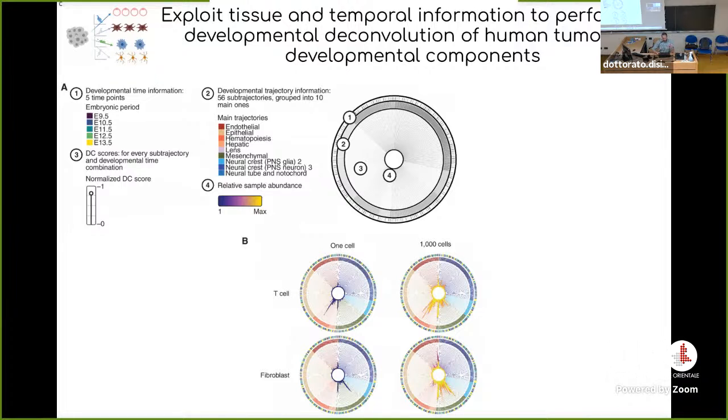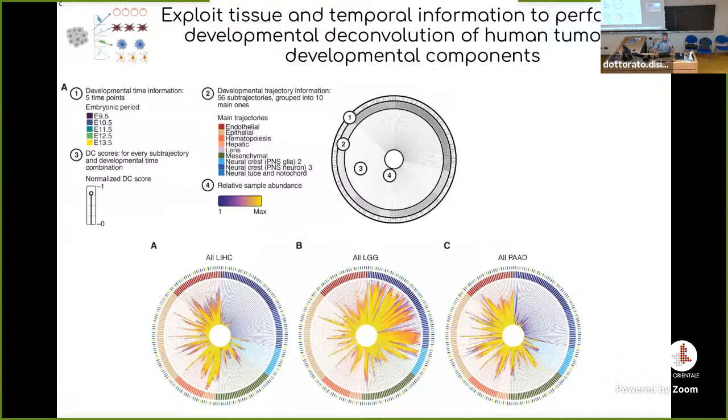When we then perform this approach on bulk sequenced tumors, this is what we get. Slightly more messy, slightly more complex, but we can still find some elements telling us we are on the right path. For example, if we look at the deconvolution of the liver cancer, we have this big spike in correspondence of the hepatic trajectories that we don't have, for example, when we look at LGG.